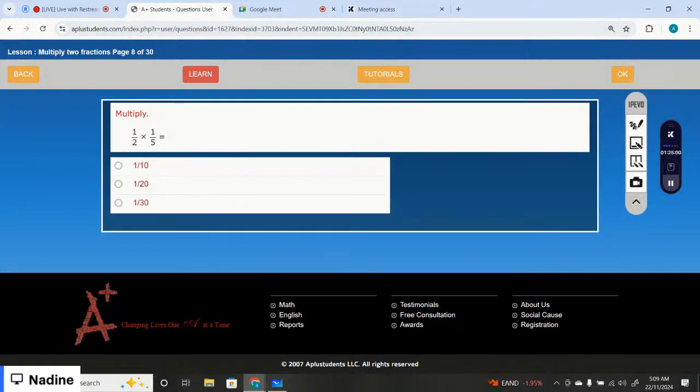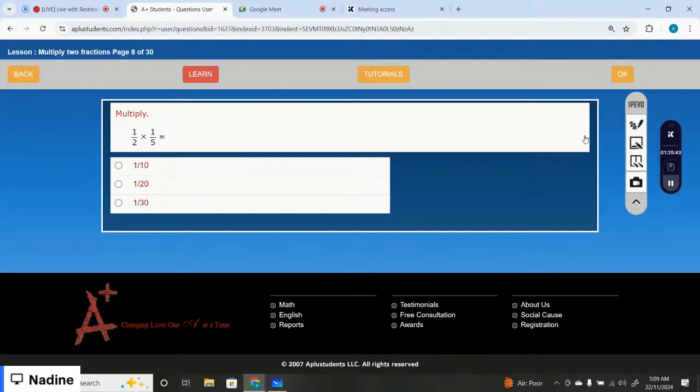1 over 2 times 1 over 5. So, which is the correct option? That is 1 over 10.